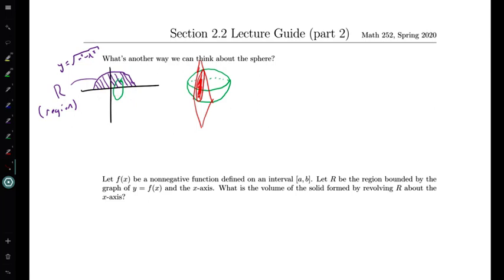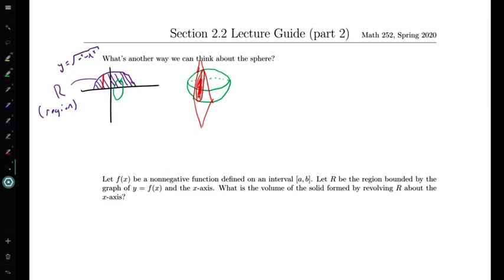And this shaded region here became a vertical line in the plane. And the nice thing was the height of that vertical line was exactly the y-coordinate of the point on the circle, and so we were able to talk about the area of the cross-section by knowing the height of this line here.